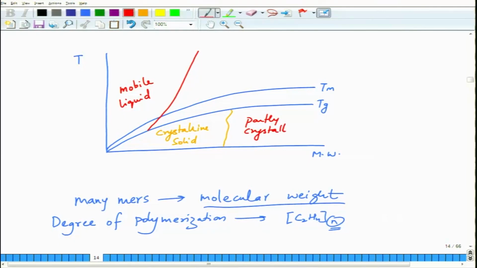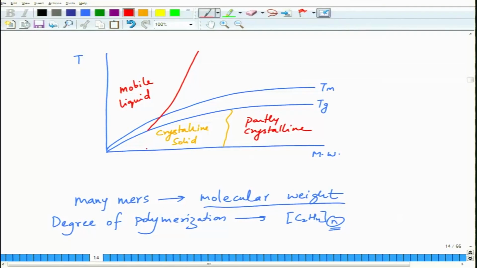partly crystalline, because if chains become longer and longer and the molecular weight increases, it is difficult for them to maintain the crystallinity because of cross linking and because of bending and flexibility of chains. So, it is partly crystalline. The crystallinity tends to decrease as the molecular weight increases, and at higher temperature it tends to convert into a liquid.